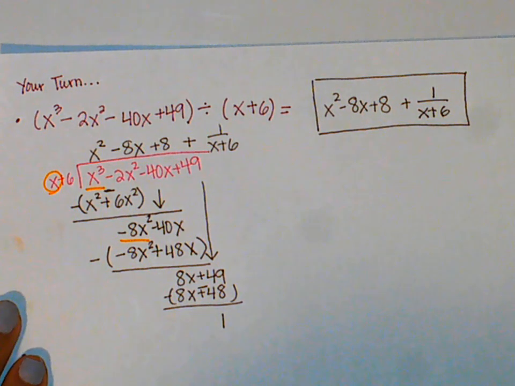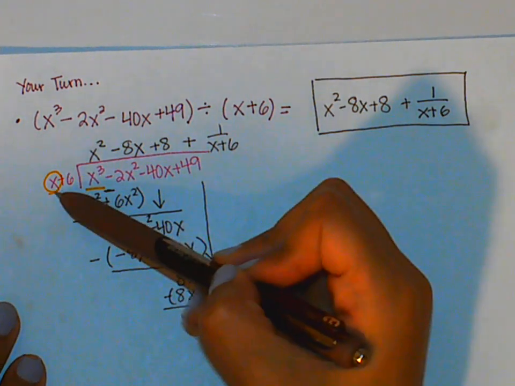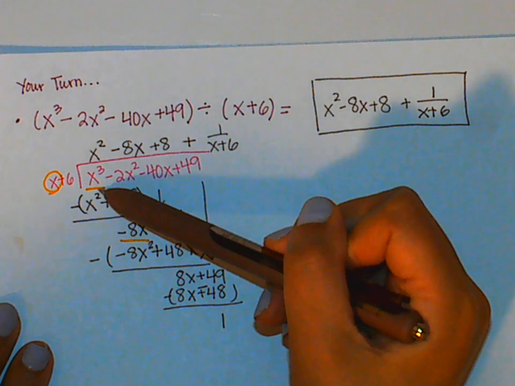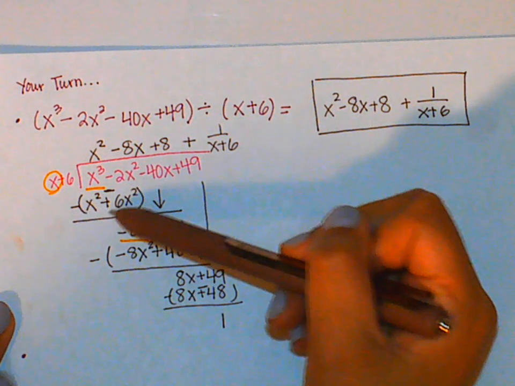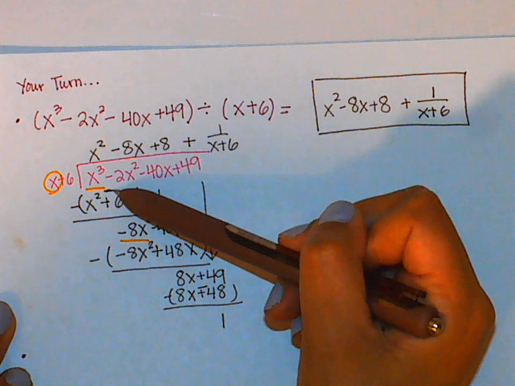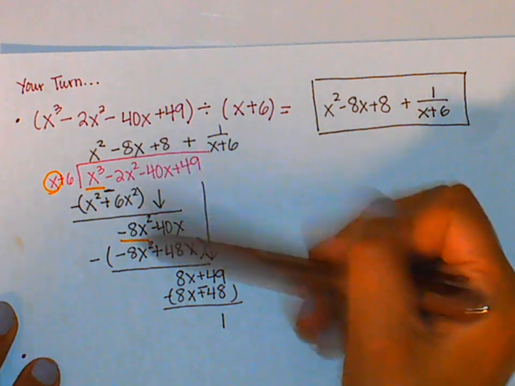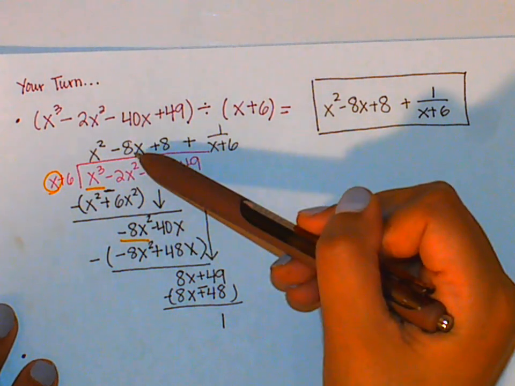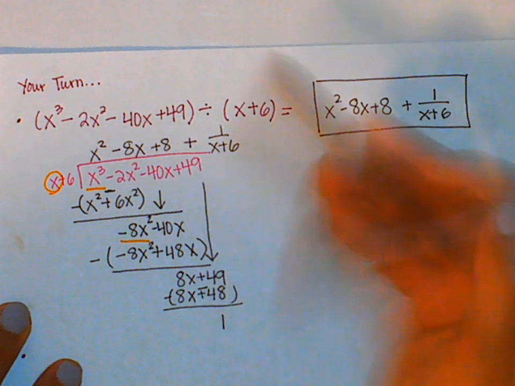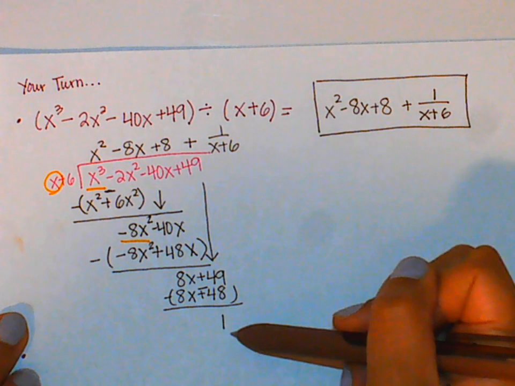Okay, so this is how I did it. Again, I'm getting the x into the biggest one that I have here. x squared, I moved it down. When I distributed, this plus became a negative. And then when I combined them, I got negative 8. So now I want to know these two, and that's how I got that negative 8x. I continued all the way to the end until I had a 1.